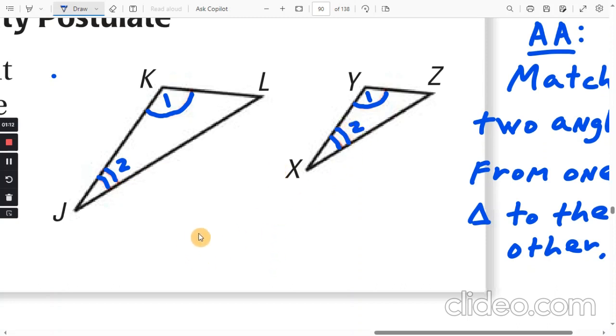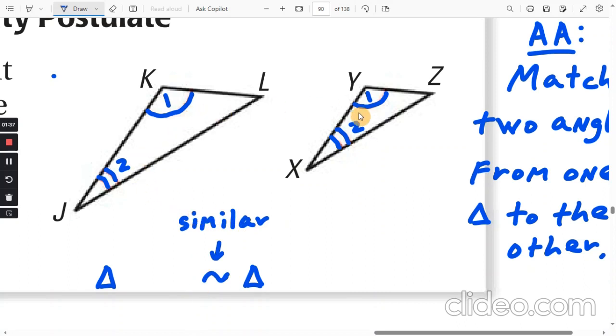All right, and when you make the similarity statement, you write the triangle symbol and then the 3 letters and then the similarity symbol, the triangle symbol again, and then the 3 letters. All right, that squiggly line, that just means similar. So let's see.